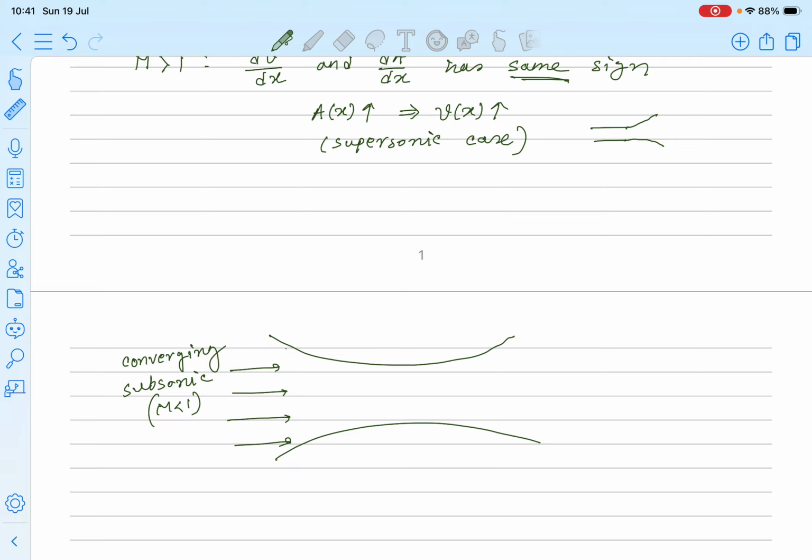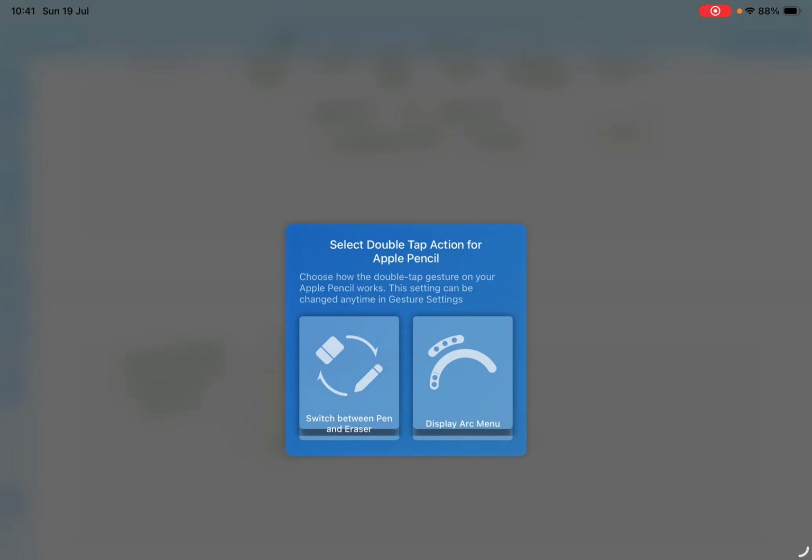So if the cross sectional area is decreasing, the speed is increasing, and you make the arrangement such that the speed here becomes Cs.